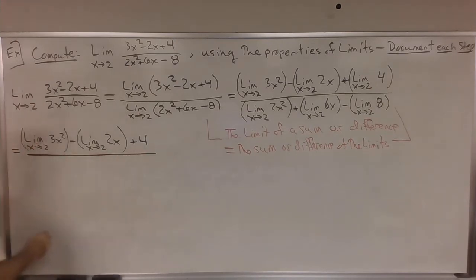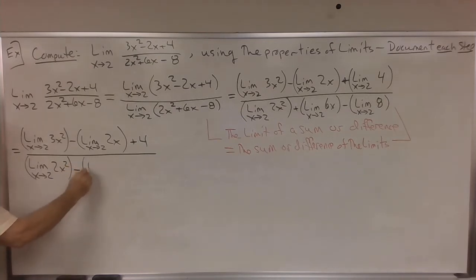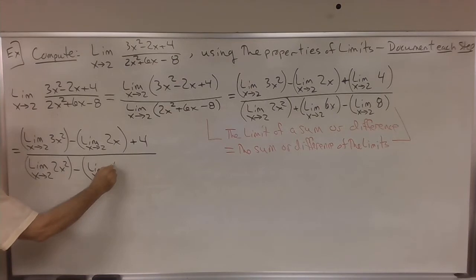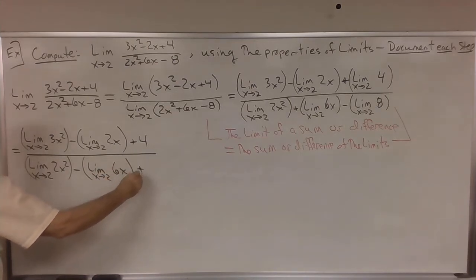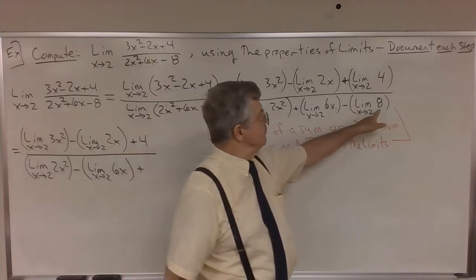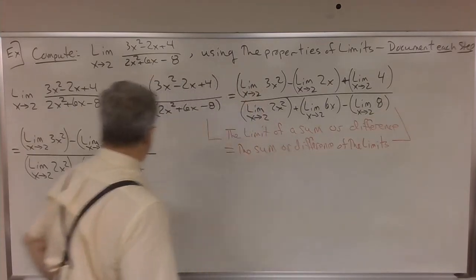And in the bottom we do the same thing. Limit as x goes to 2 of 2x squared minus the limit as x goes to 2 of 6x plus the limit of the constant 8 is just going to be 8.